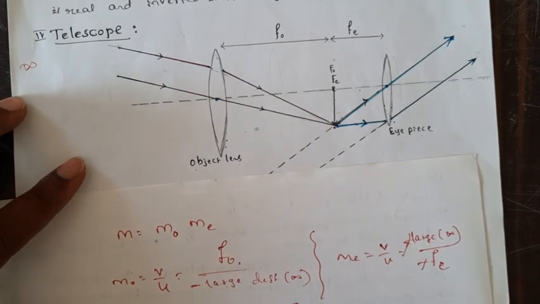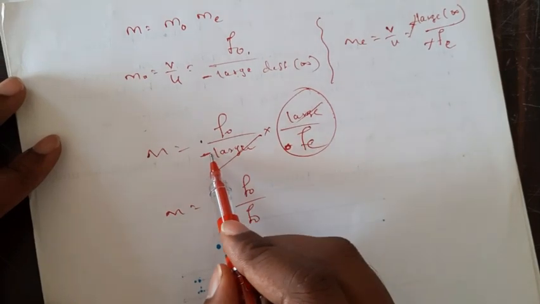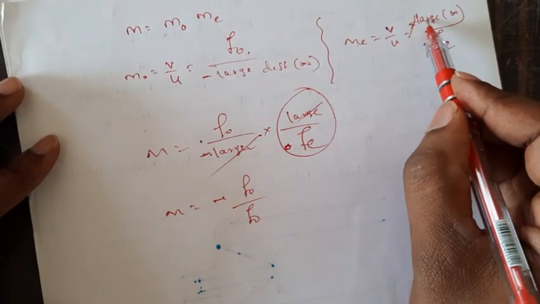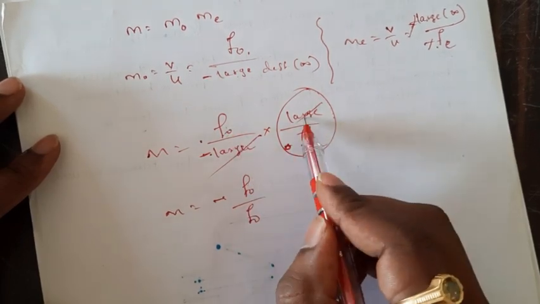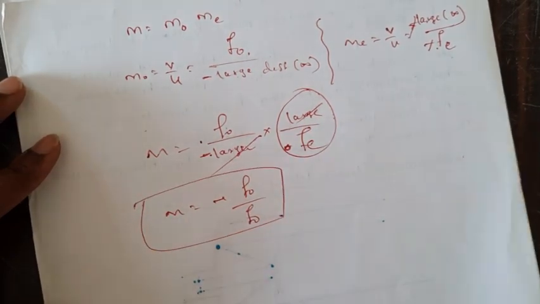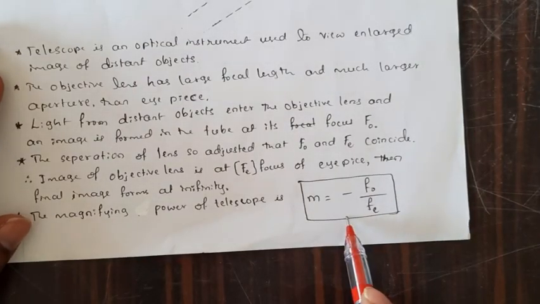So this is a positive term and this is a negative term, and the larger distance cancels. With the negative sign, m is equal to F naught divided by FE. This is the magnification of the telescope. This is the final answer.